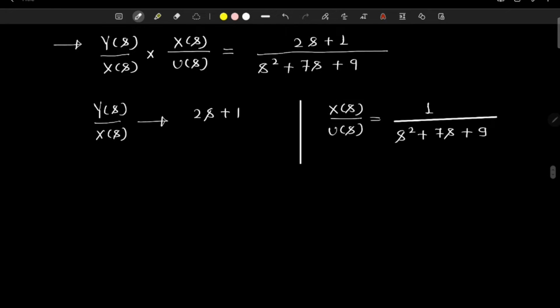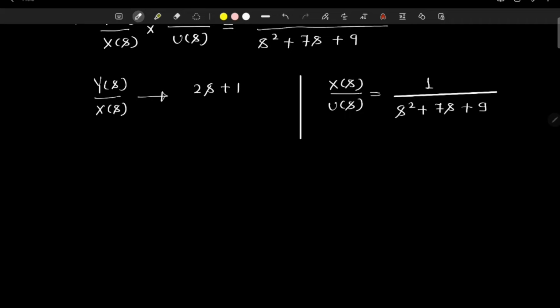Now we can write this equation as s square x of s plus 7s x of s plus 9x of s is equal to u of s, right?